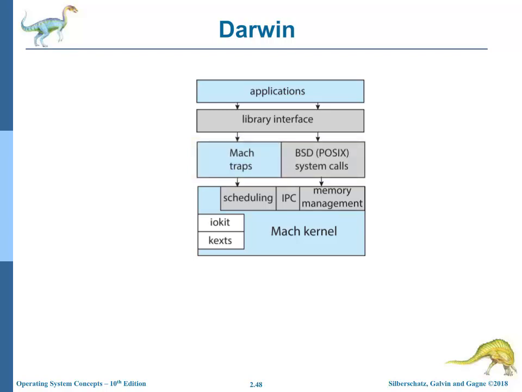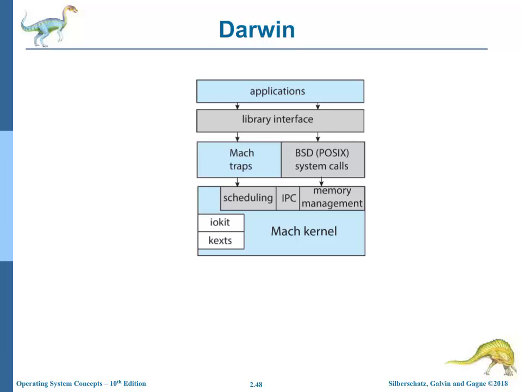Beneath the system call interface, Mach provides fundamental operating system services, including memory management, CPU scheduling, and inter-process communication facilities such as message passing and remote procedure calls.